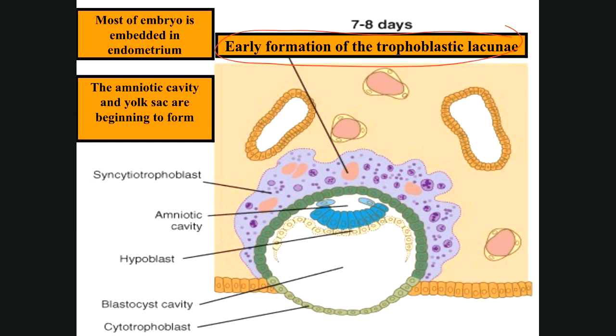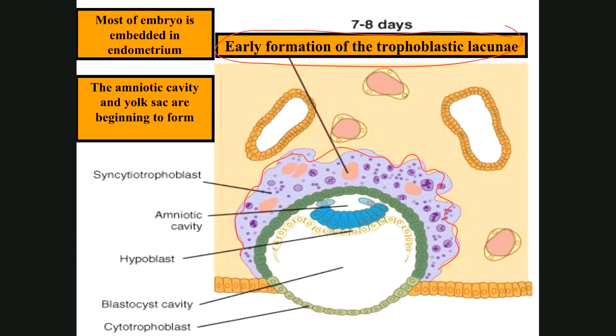So what you see in this diagram, if you remember your earlier lectures, there is a layer of cytotrophoblast, right? And this is the syncytiotrophoblast, which is multinucleated, with no cell boundary, so that it has a capacity to burrow.